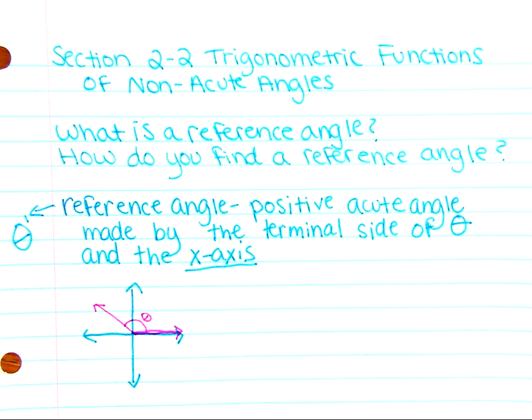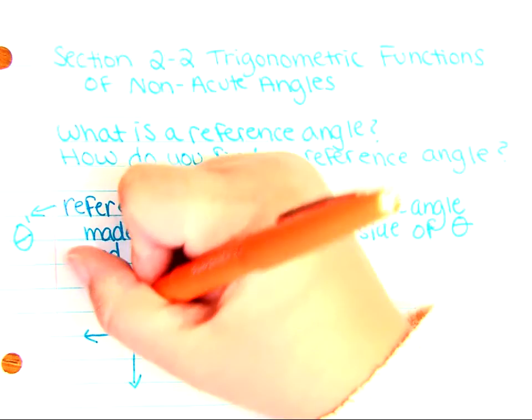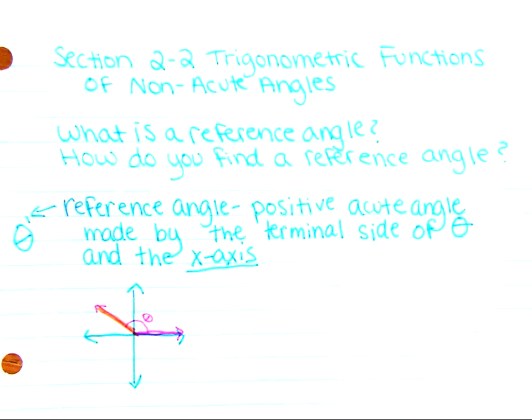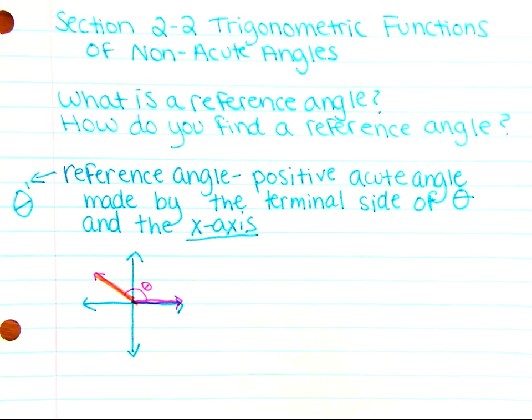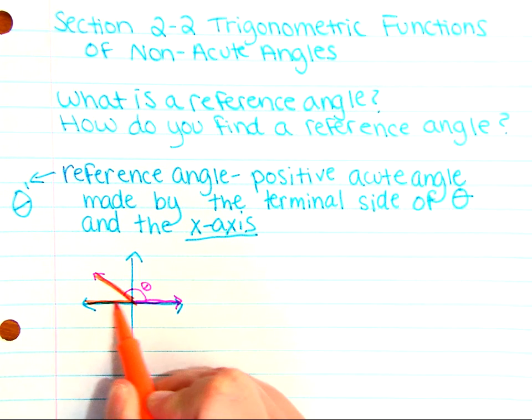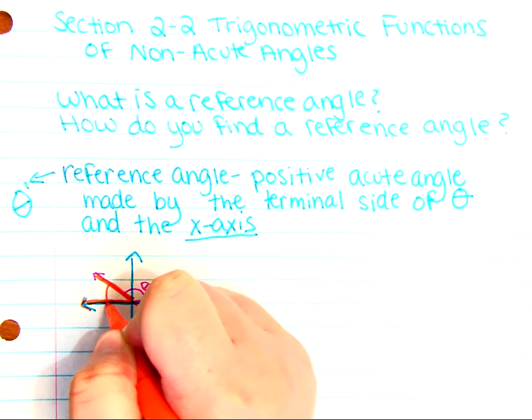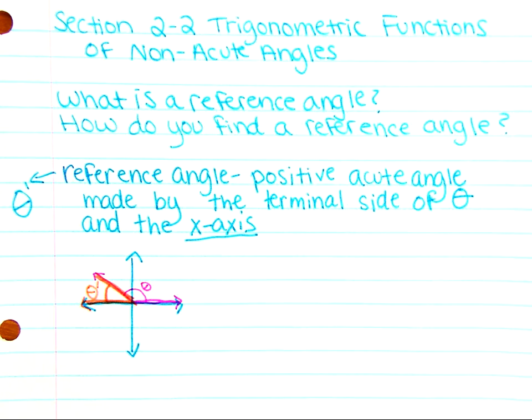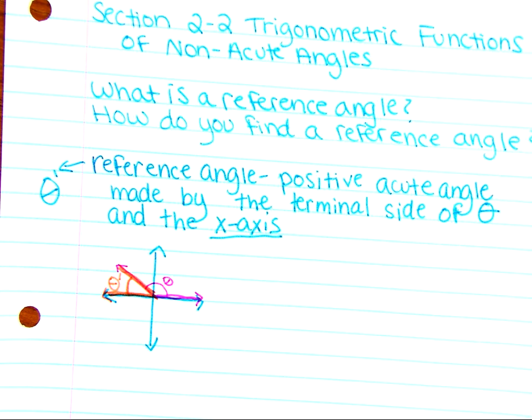So I would need to find the reference angle if I wanted to be able to find all of the trigonometric functions. We currently right now cannot find the trigonometric functions for non-acute angles. So the reference angle is made by the terminal side of theta, this is the terminal side of theta, and the x-axis, which is right here. So this angle is the reference angle. So the angle in orange, or theta prime, is the reference angle.